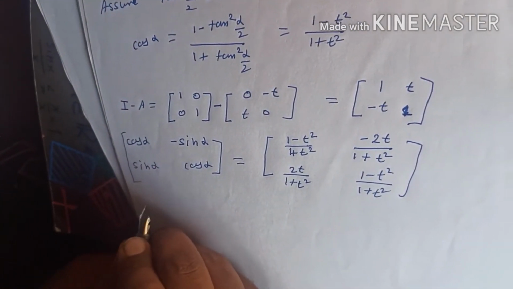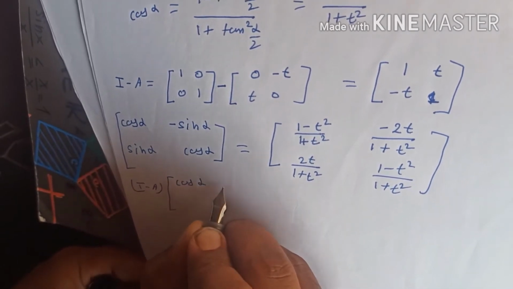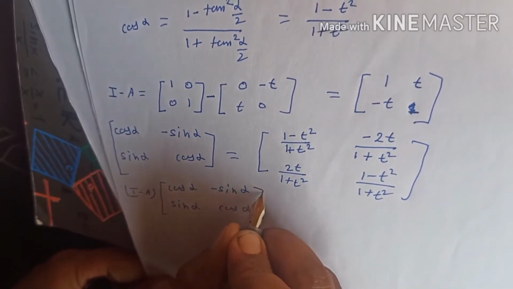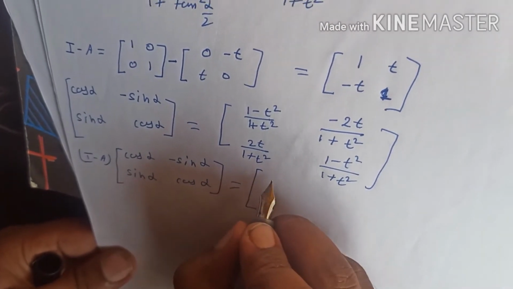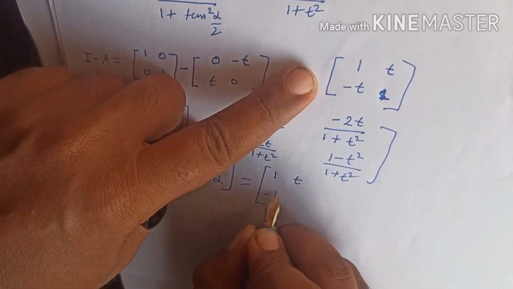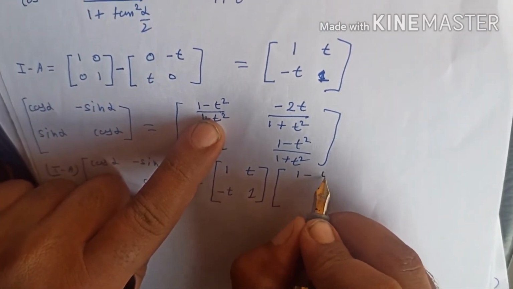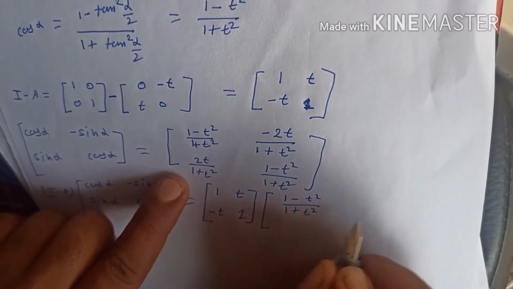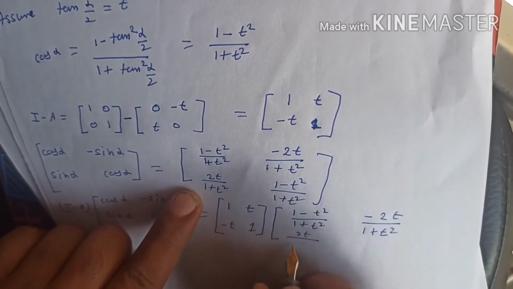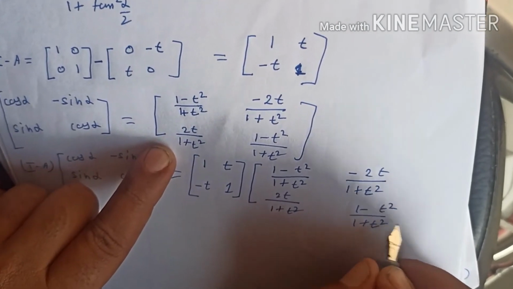So I minus A into [cos of alpha, negative sin of alpha; sin alpha and cos of alpha] is equal to [1, t; negative t, 1] into [1 minus t square over 1 plus t square, negative 2t over 1 plus t square; 2t over 1 plus t square and 1 minus t square over 1 plus t square].